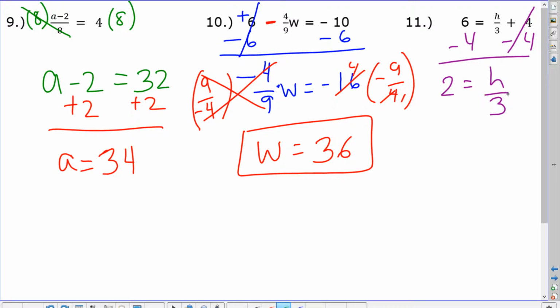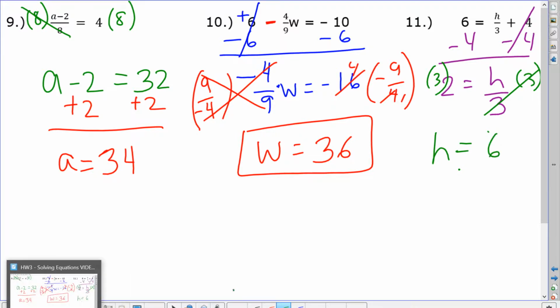So the opposite of divide is multiply. So h is equal to 6. Sorry, the pen's not working.